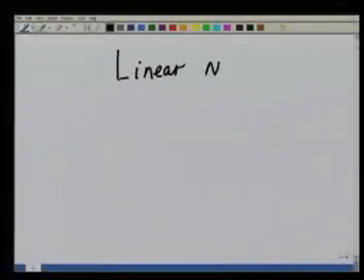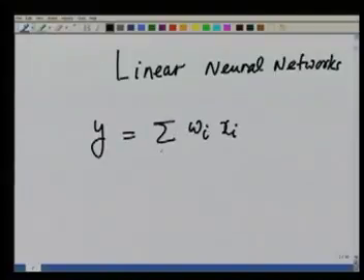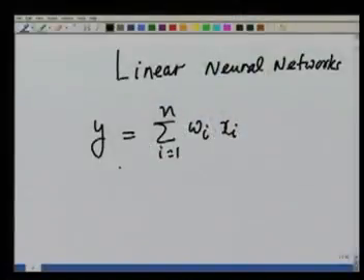Today we will discuss linear neural networks. What is a linear neural network? That is, when I have a neuron whose output is simply summation Wi xi, i equal to 1 to n. When I have this expression, that is, I do not have a nonlinear activation function.